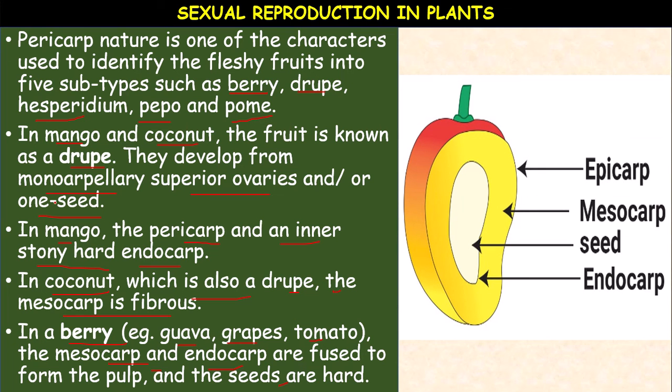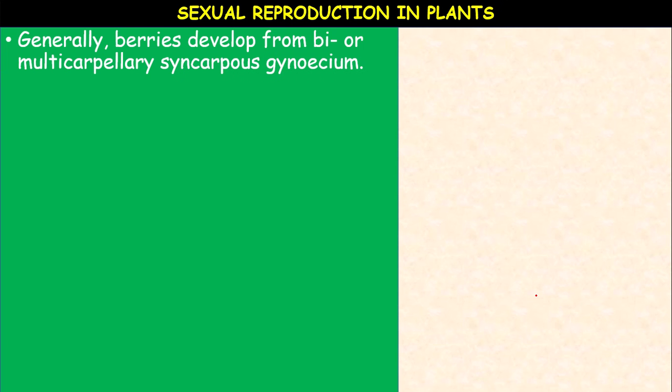You can see here the epicarp, mesocarp, the seed and endocarp. This is a drupe, mango. The pericarp and an inner stony hard endocarp are present.